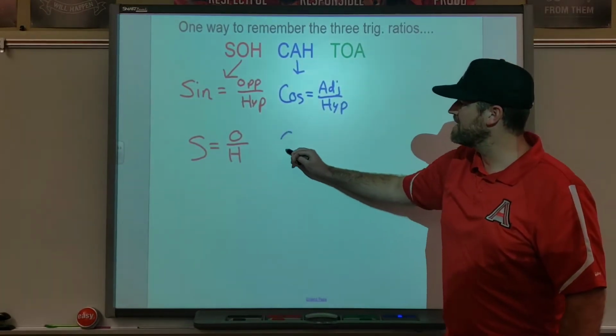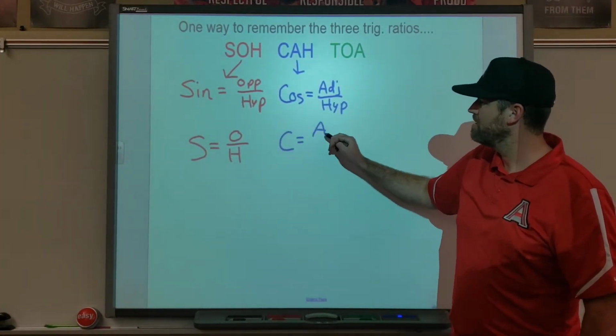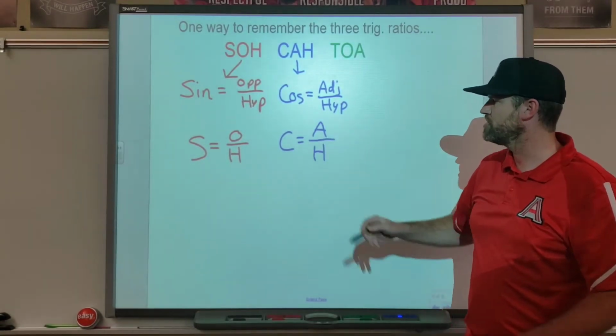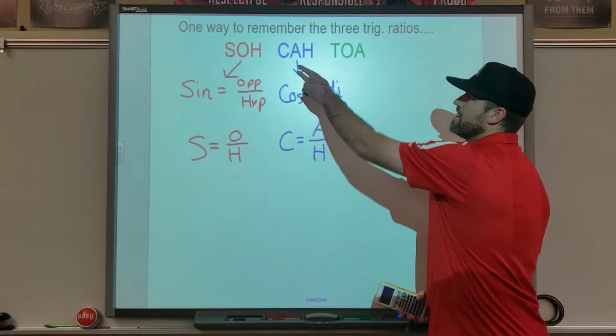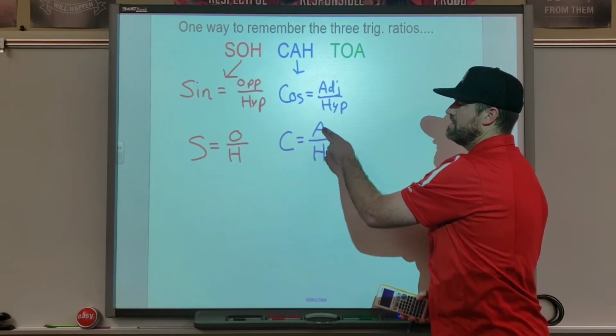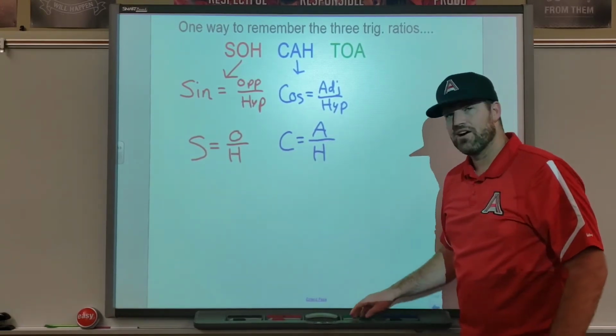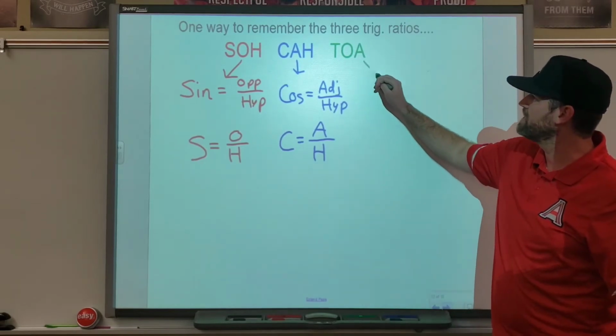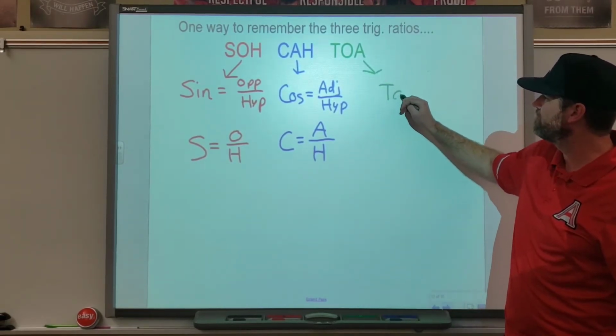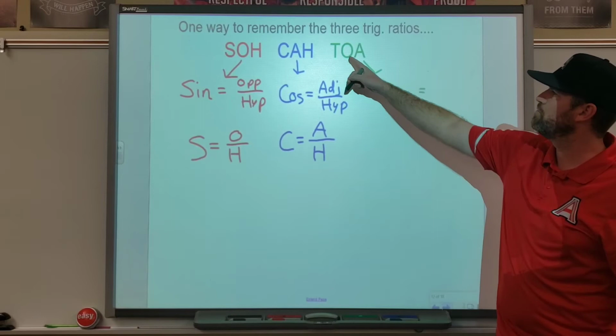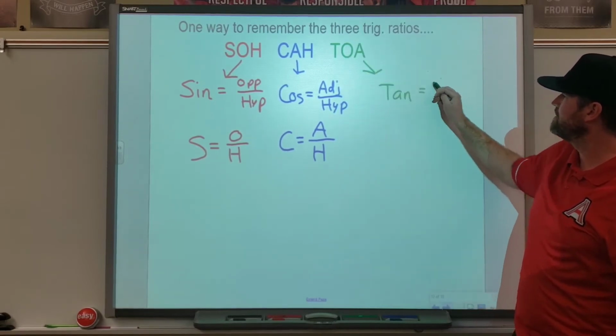Or C equals A over H. So ka, cosine is adjacent over hypotenuse. And then finally, our last trig ratio is going to be tangent. And tangent will be opposite divided by adjacent.